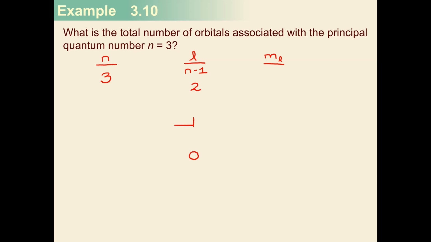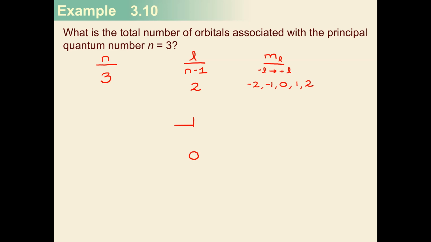So now let us look at our m sub L. If I have a 2, remember this needs to be minus L going to positive L. So this means that I am allowed to have minus 2, minus 1, 0, 1, and 2.